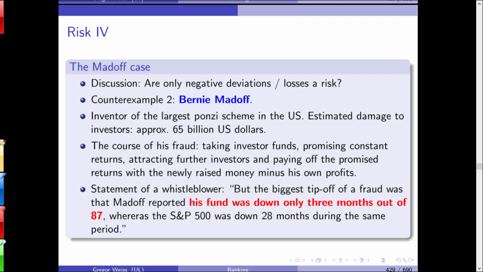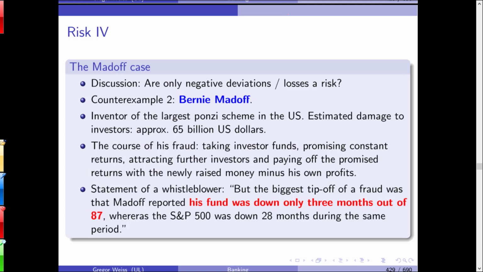A Ponzi scheme is the idea that, for example, I could start a Ponzi scheme right now here, and I would tell you I have an investment fund, and I will guarantee you at least 5% return. I will get, let's say, 1 million euros from you. I don't promise anything, I just tell you I'm expecting 5% return.